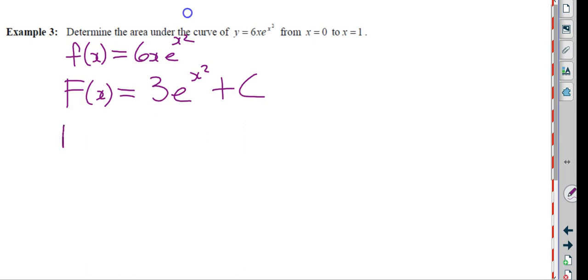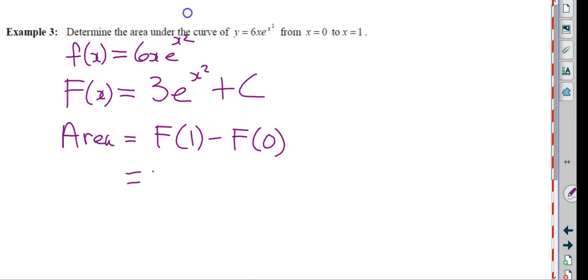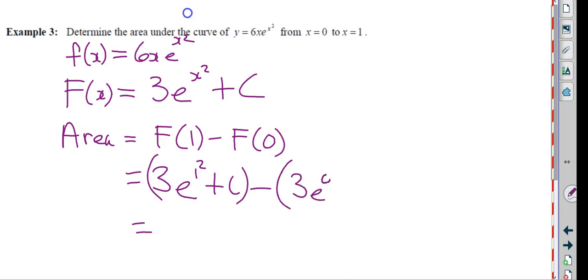So the area. We want from 0 to 1, so F of 1 minus F of 0. So 3e to the 1 squared minus 3e to the 0 squared. Oh, wait, I forgot the plus c's. Yeah, 3e to the 1 squared plus c, let's put brackets, minus 3e to the 0 squared plus c.